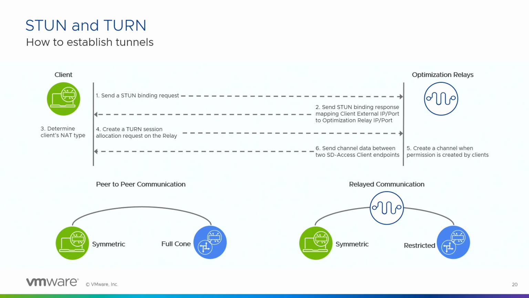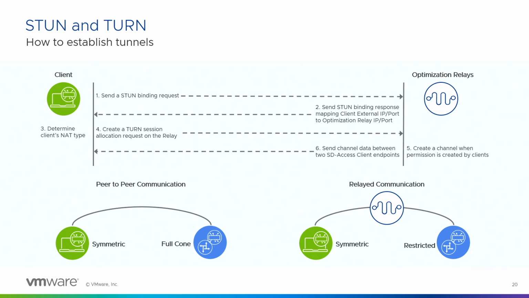At that point, the client knows its NAT type, it knows its public IP address, so it can distribute this information to any endpoint that it needs to communicate with. The other thing that we're gonna do here is we're also gonna establish a TURN session. So TURN is kind of being used to facilitate communication.